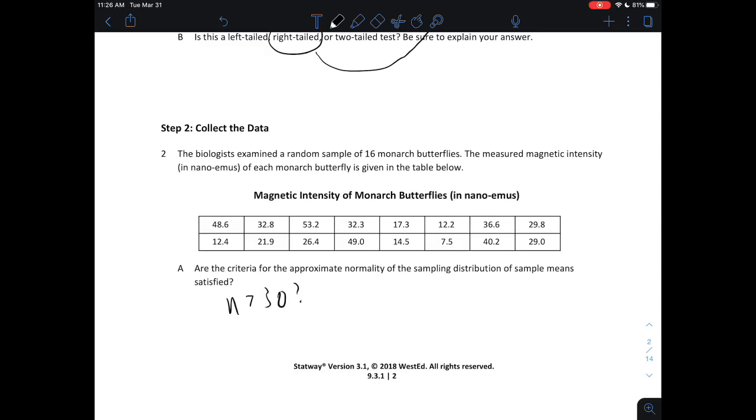N stands for sample size, and we were told that our random sample only has 16 monarch butterflies, so that would be no. But we also have the other part of the condition, which is that the population is normally distributed.